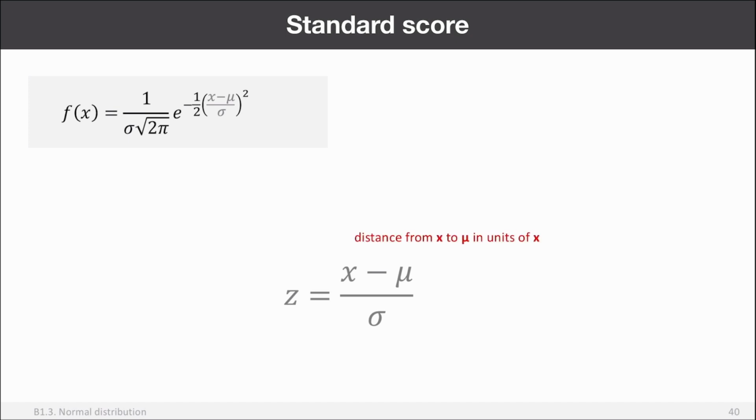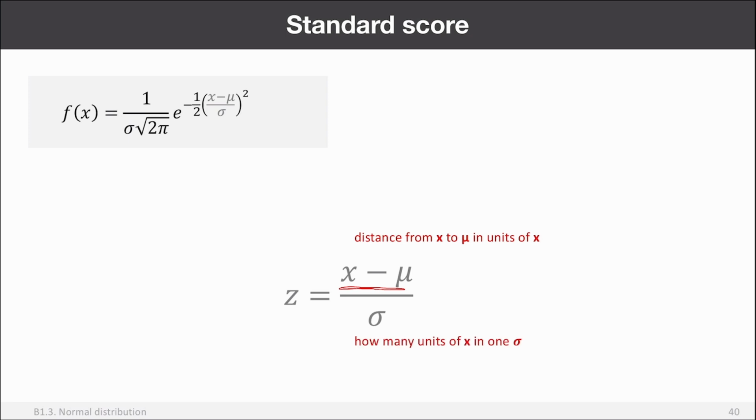Let's look at this. What do we have in the numerator? We have the distance from x to mu in the same units as x, right? So for example, if x is the height of people in centimeters, this will be a distance in centimeters. If x is a concentration in milligrams per liter, this will be a distance in milligrams per liter, right? So this is distance. What do you have in the denominator?